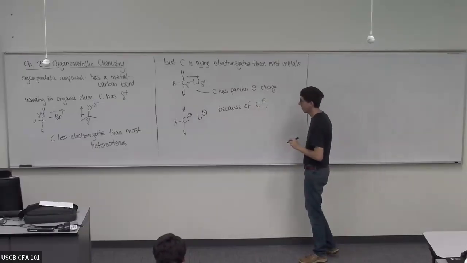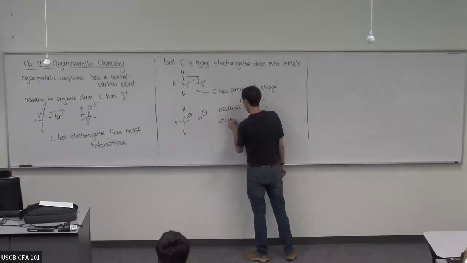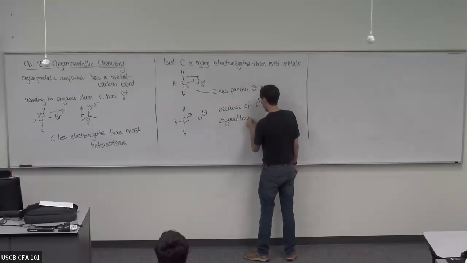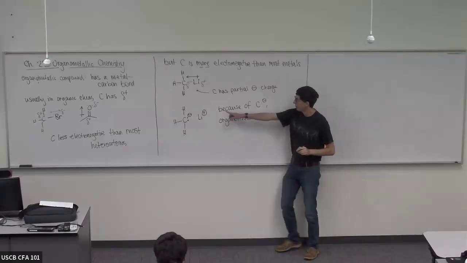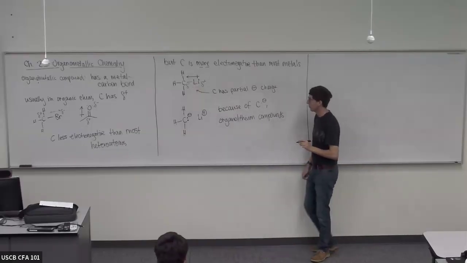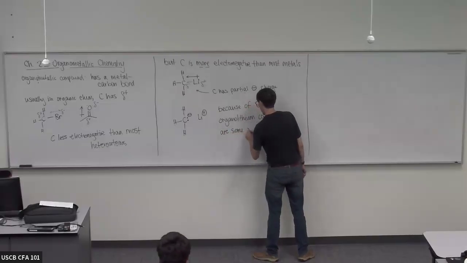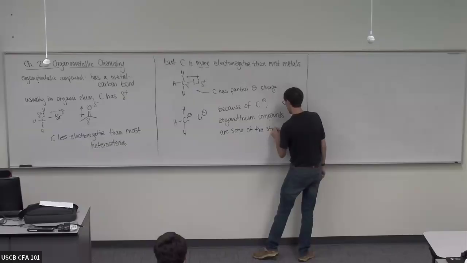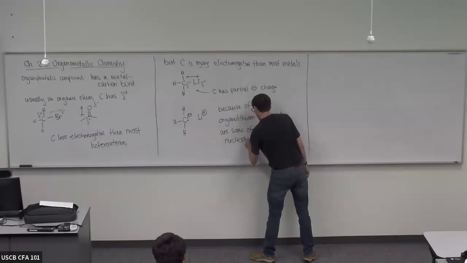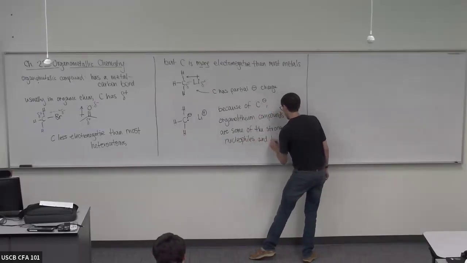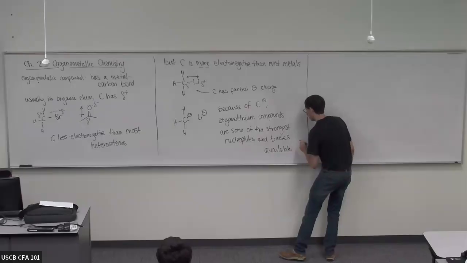Because of that lone pair and the negative charge on the carbon, these sorts of molecules where we have an alkali metal attached to a carbon are very strong nucleophiles and very strong bases.